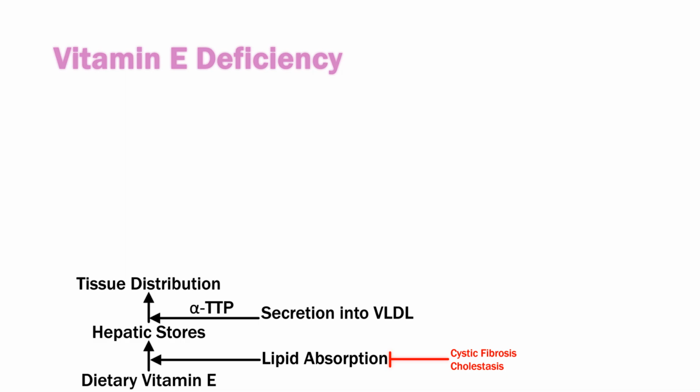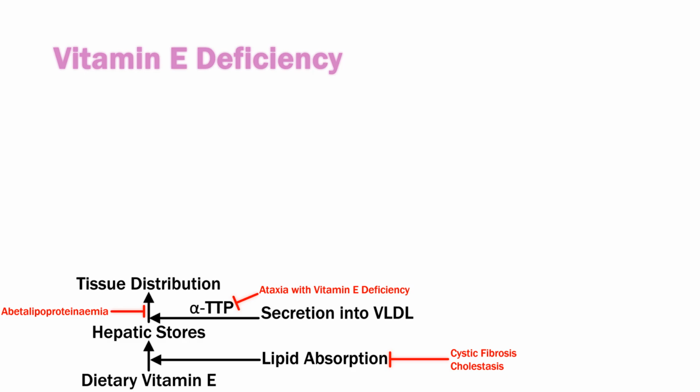A specific autosomal recessive disorder known as ataxia with vitamin E deficiency results from a mutation in the gene for alpha tocopherol transfer protein. Functional vitamin E deficiency can also occur with abetalipoproteinemia because the body lacks the VLDL required to transport it to tissues.